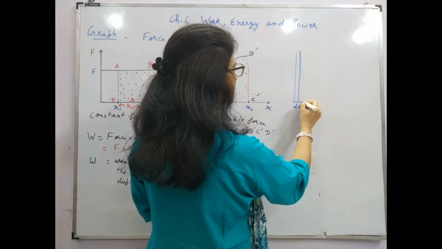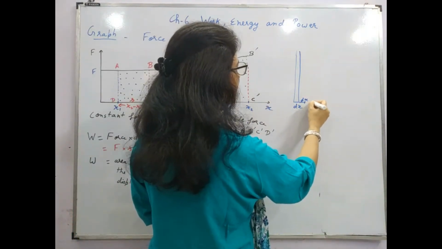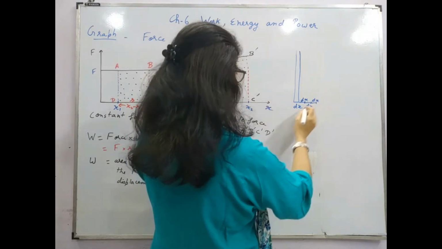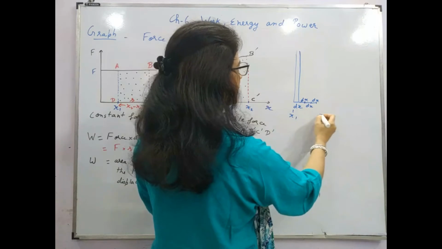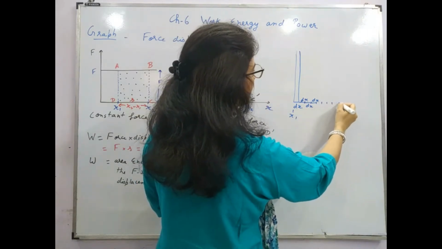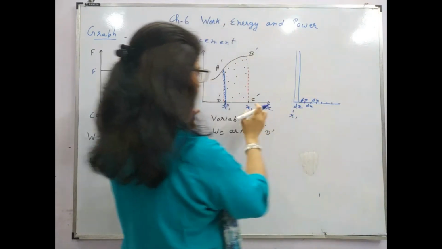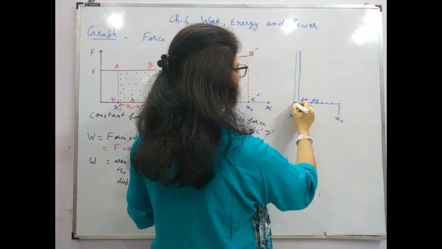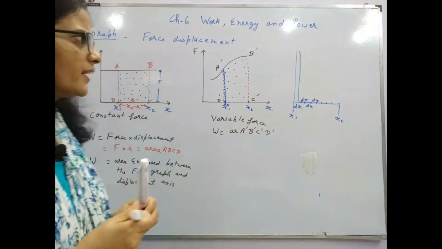Next interval also I am taking very small, this is also dx, and the next interval also dx. So I am starting from x1 and dx, dx, dx, very small intervals. I have broken this total length between x2 and x1 into small dx, right?